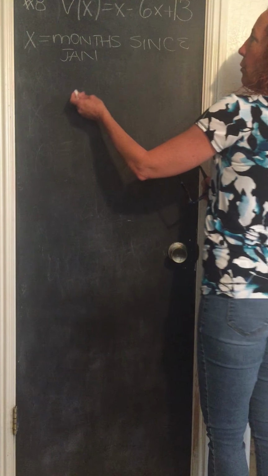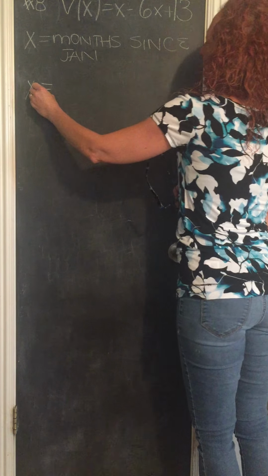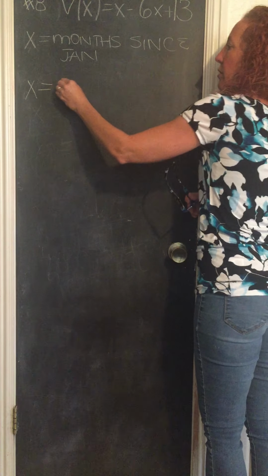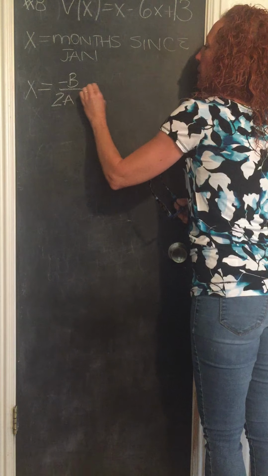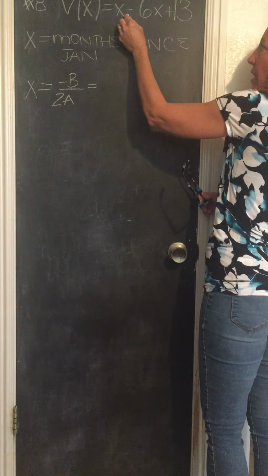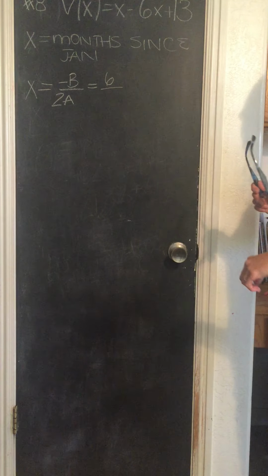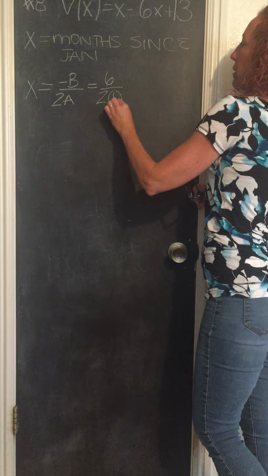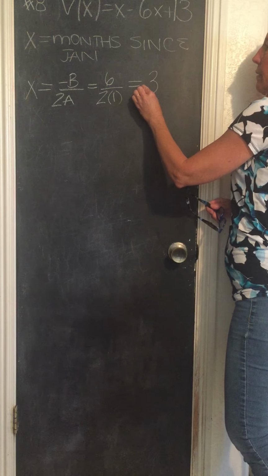All right, so when we do our shortcut, x equals -b over 2a. Since this is negative and that's negative, then our first numerator value is a positive 6 over 2. a is 1. So 6 divided by 2 is 3.